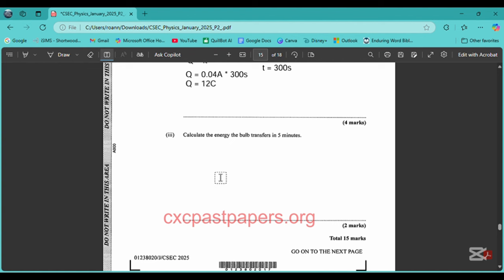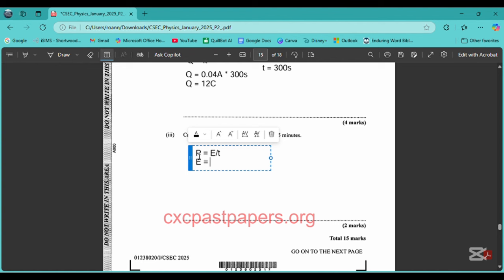Calculate the energy the bulb transfers in 5 minutes. So we use P is equal to energy over time because we have the power which was given, which is 4.8, and we have time because it says in 5 minutes, which we know is 300 seconds. So transpose to make E the subject.